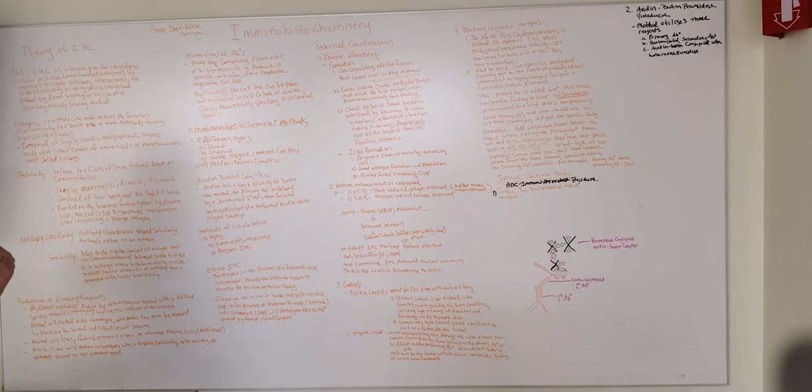The thing with this is that monoclonal antibodies obviously are more specific, okay, to one epitope, whereas primary or polyclonals are not.